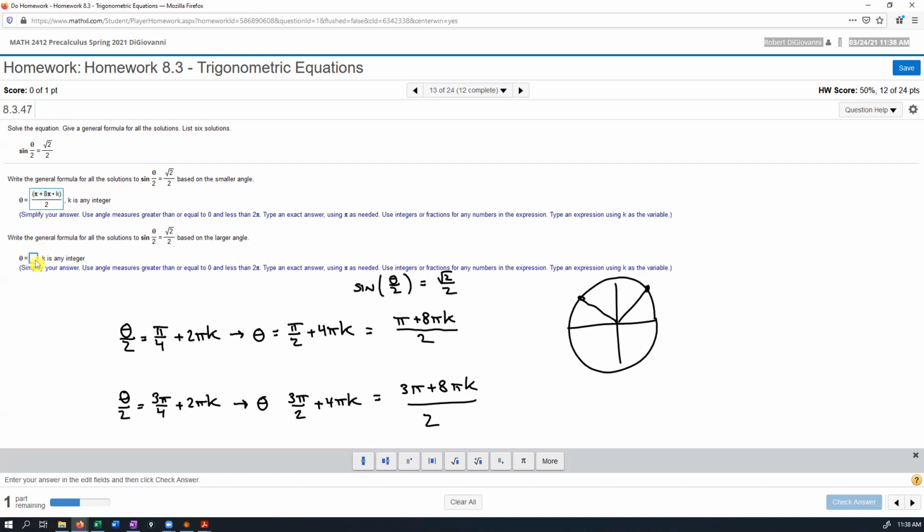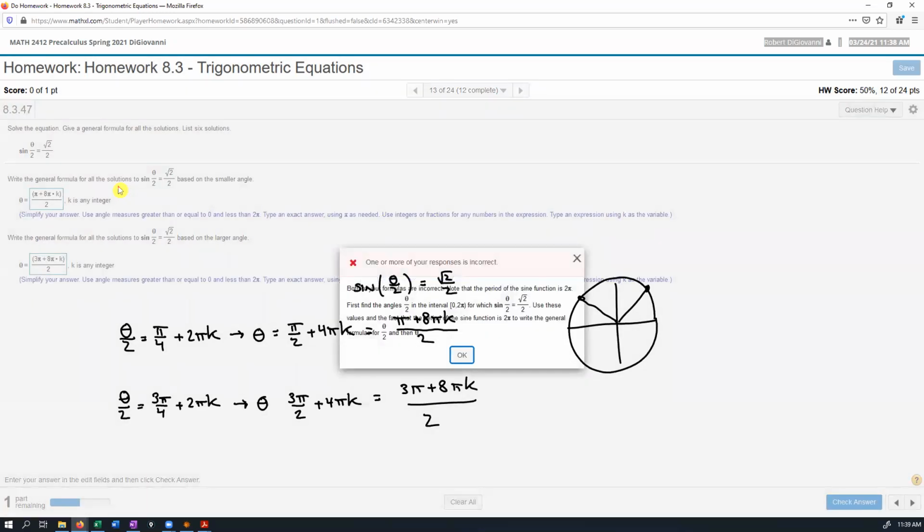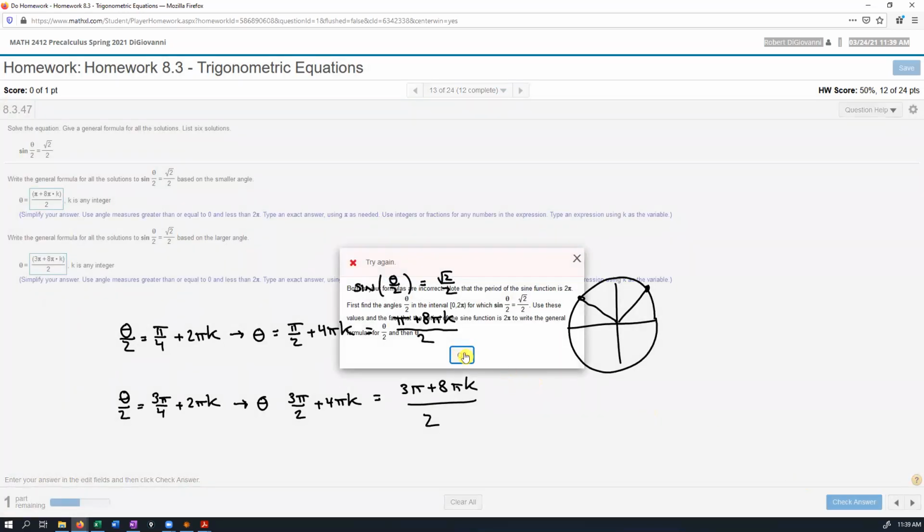And then on this one, do 3 pi plus 8 pi times k over 2. Let's see if it takes that. It don't like that. And so I'm just curious now. Is it because I got a common denominator?